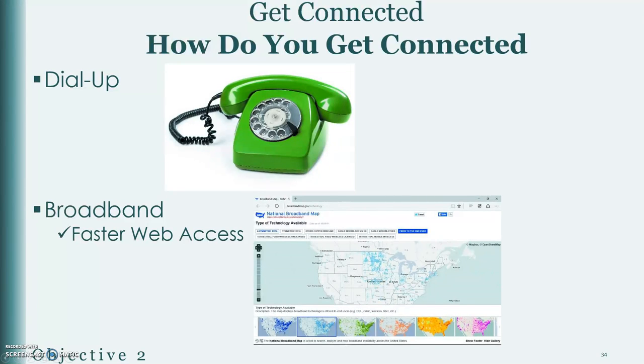DSL, that's digital subscriber line, uses telephone lines to carry digital signals at an average speed of about 384 kilobits per second up to 20 megabits per second. And then fiber to the home, fiber optic, is the fastest broadband option with top speeds of like up to 500 megabits per second. So pretty exciting there.